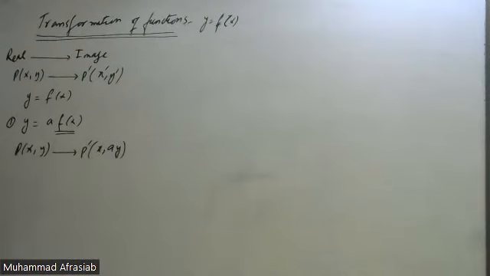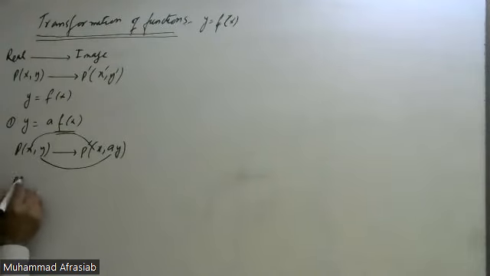This means the x coordinate retains its position, whereas the y coordinate is changed with the multiple of a. So x, y will be changed to this point P dash, x and a y.